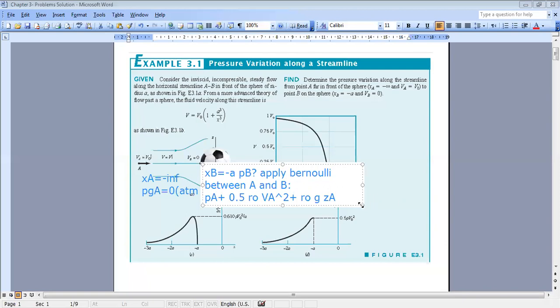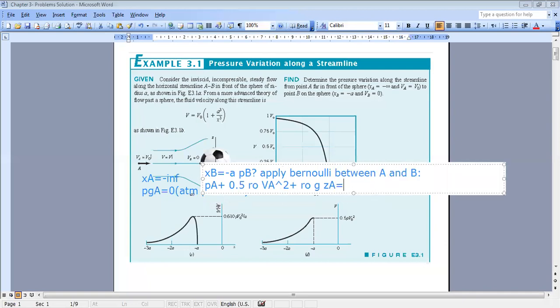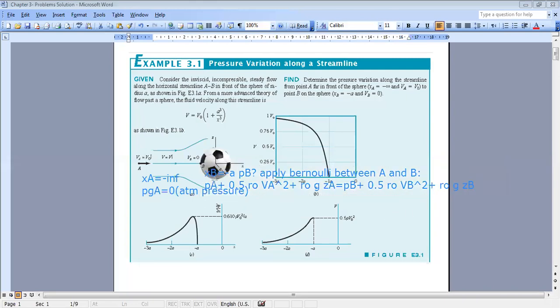where I consider the origin at the center of my sphere, equals the same expression at point B. So at point B I have P at B plus half rho VB square plus rho G Z of B. Now, since A and B are at the same elevation, these two terms will cancel out: rho G ZA equals rho G ZB, since the two points are at the same level.